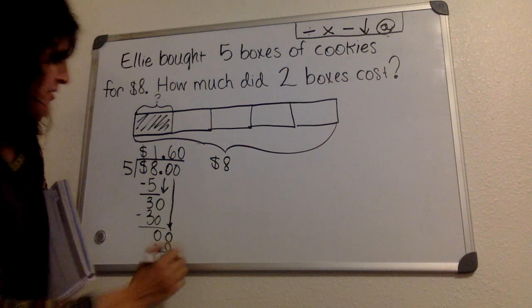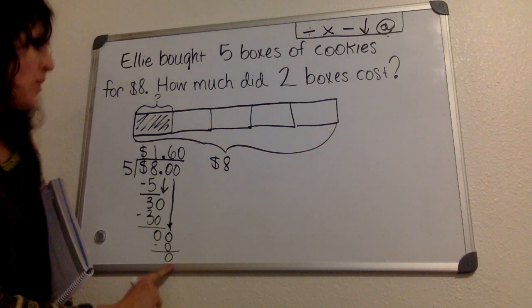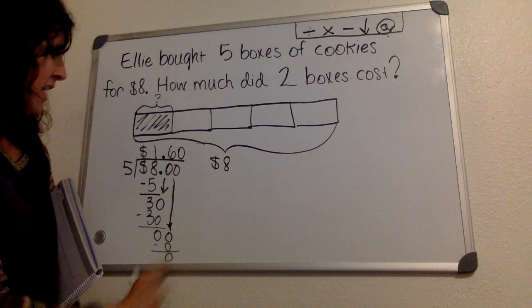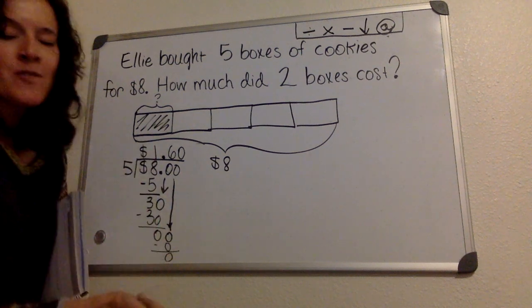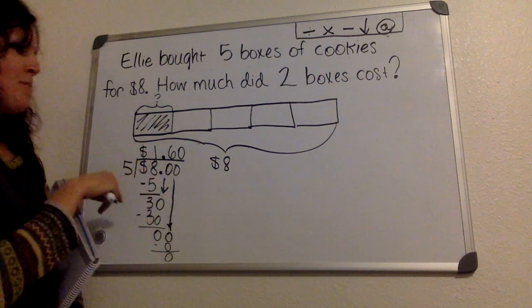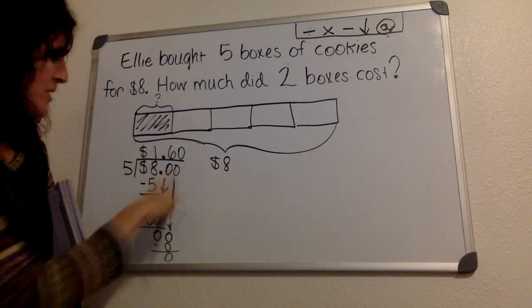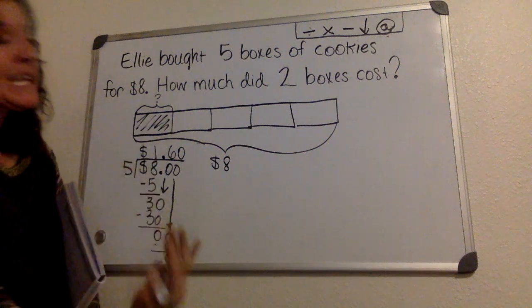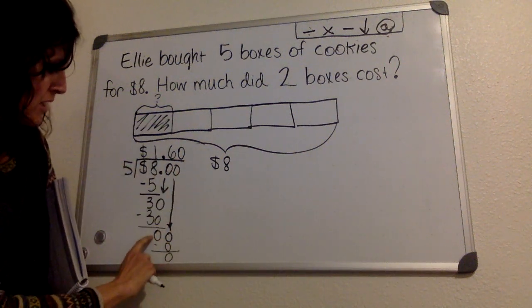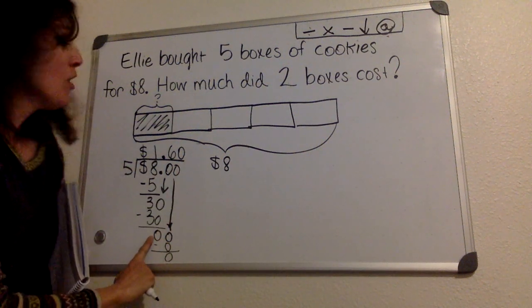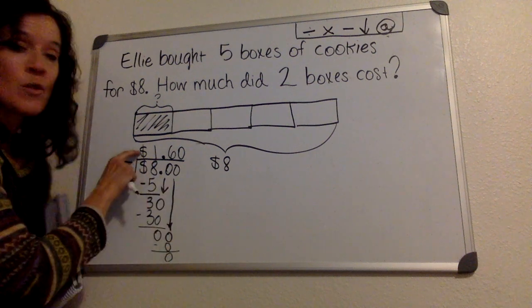I am left with a 0 at the end, okay? And I knew that I needed, some of you I bet are asking, Mrs. Wordwine, why do you have 2 zeros there? You really didn't need to bring down a 0 there because we already had a 0 here. Well, I'll tell you why. We were dealing with money.